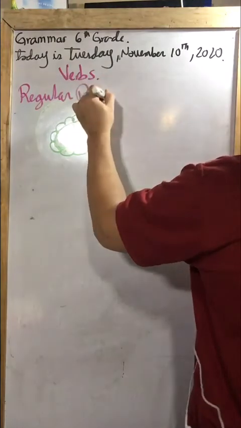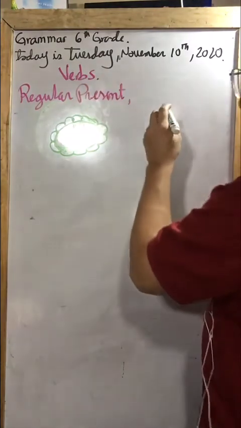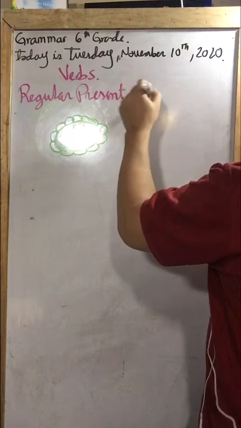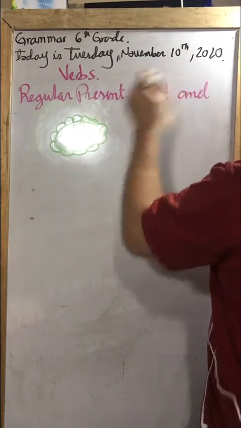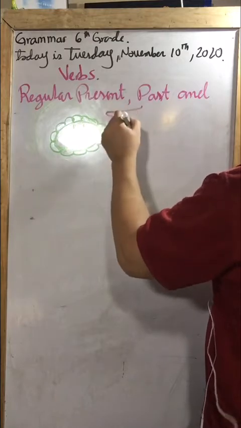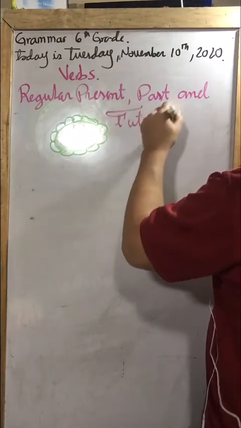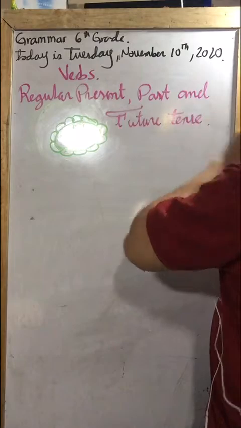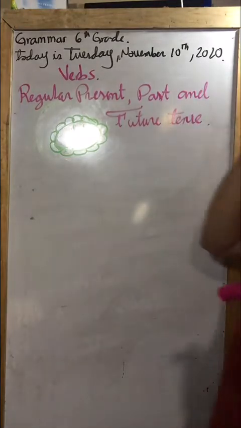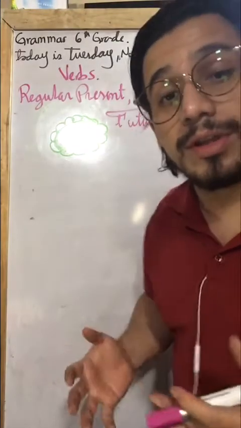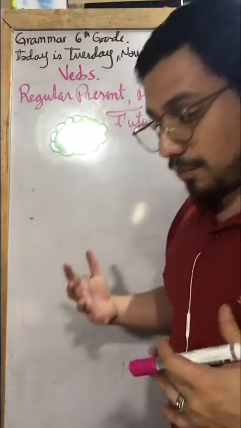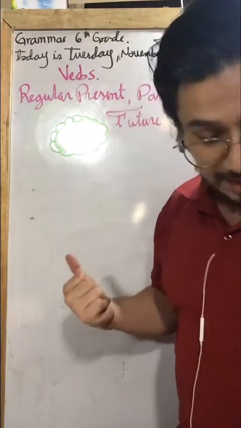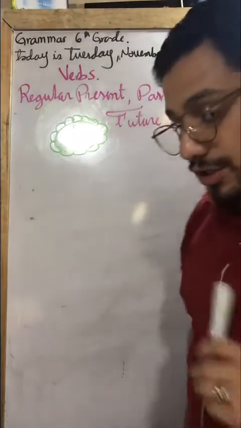Remember, copy everything from the board because I'm gonna erase. Because last year we explored present and past, this time we are going to explore the third at the same time. So we have an explanation in your book.